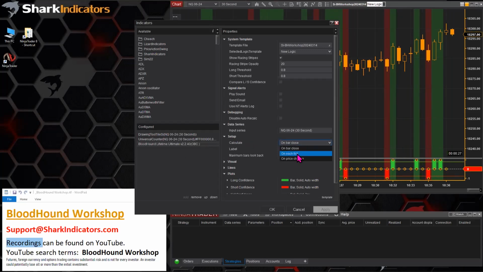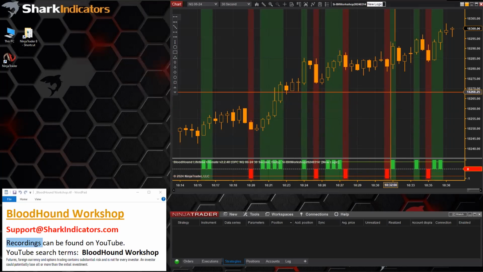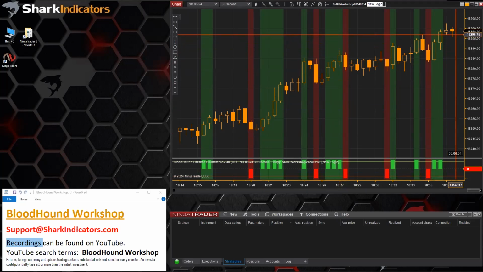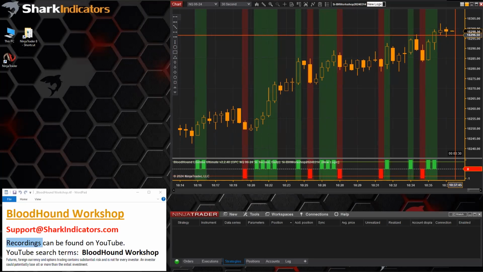So you would need to change this to either on each tick, which is very CPU intensive, or, if you don't need on each tick, use on price change. If we change the calculate, now if price comes back down again, we'll get a signal here.